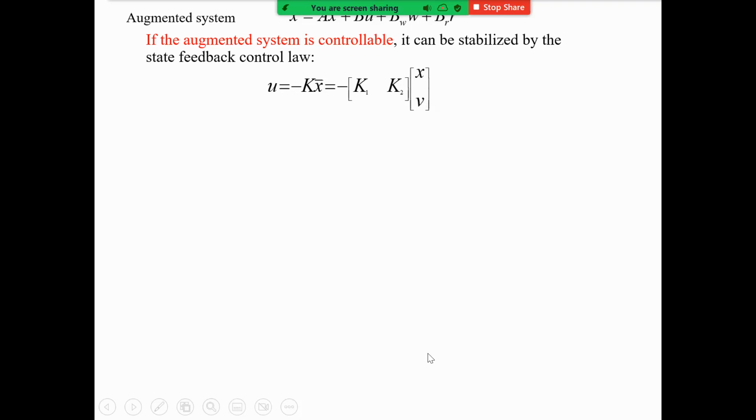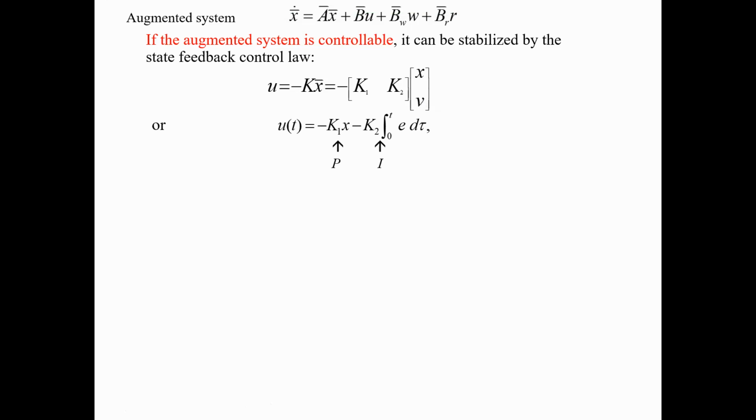So for the mini project, you first check if you do it in this way, is the system controllable? If it is not controllable, you try to understand why it is not controllable.